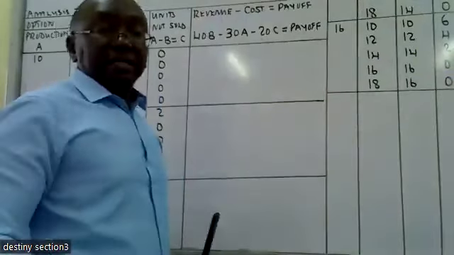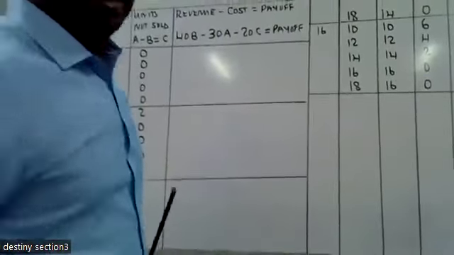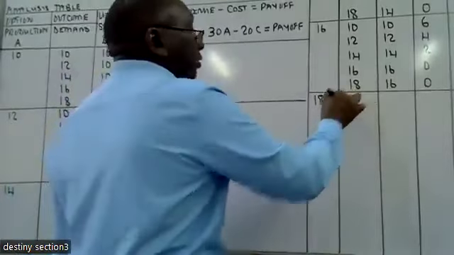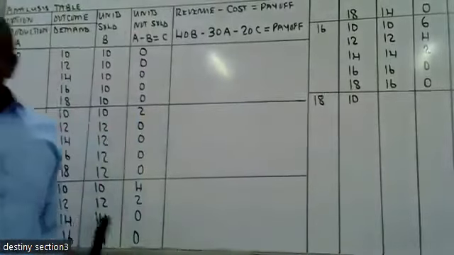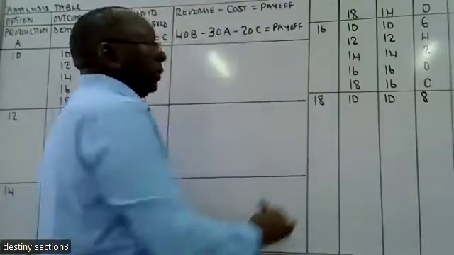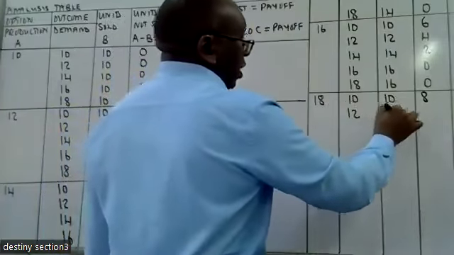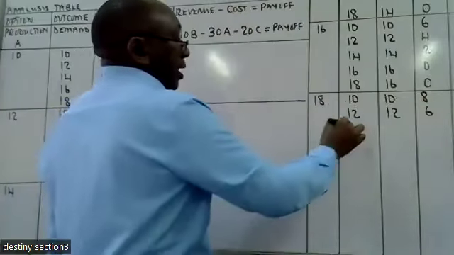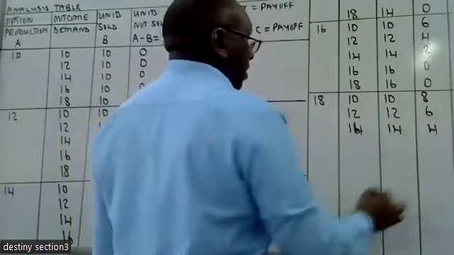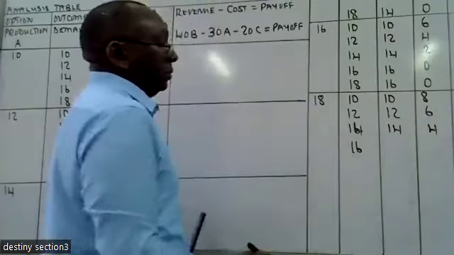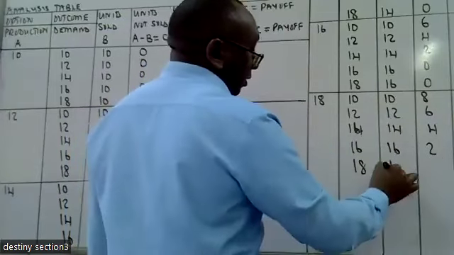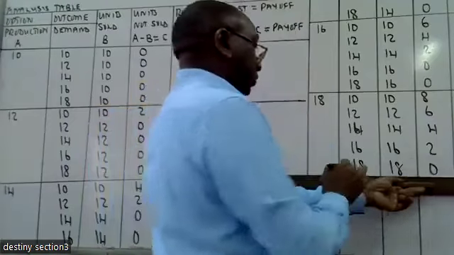Assume now they decide to produce 18. If a demand of 10 comes, they sell 10. So 8 remain. 12 come, they sell 12. 6 remain. 14 come, they sell 14. 4 remain. 16 come, they sell 16. 2 remain. 18 come, they sell 18. 0 remains.